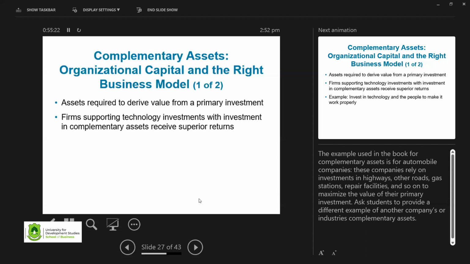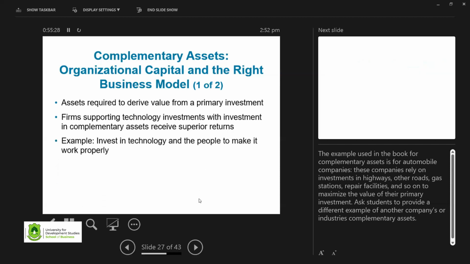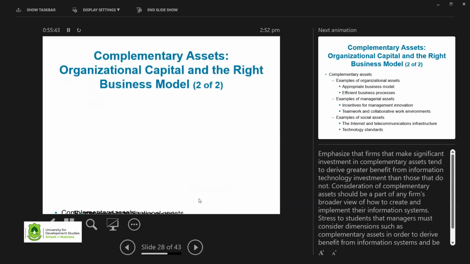If you don't change your business model, the technology will be there. Meanwhile, you are still doing the old things. You will not get the value from that technology. So investment in technology and the people to make it work properly, that is the most common example of the complementary nature of investment in technology.